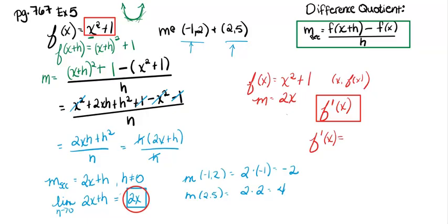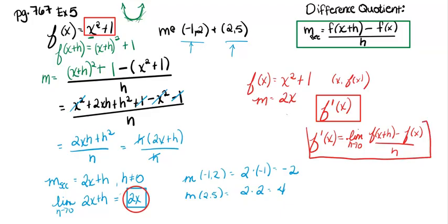The derivative of a function f at x is the limit as h approaches 0 of f of x plus h minus f of x all over h. So basically, the derivative is the limit as h approaches 0 of the difference quotient. So you're really not doing anything different or new.